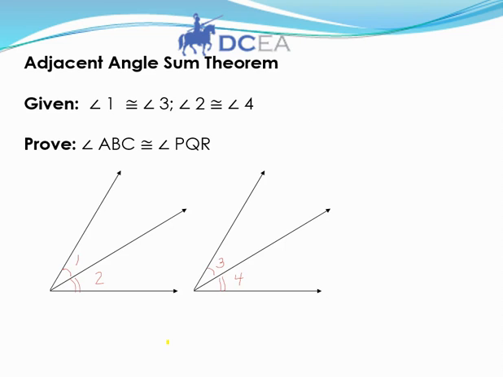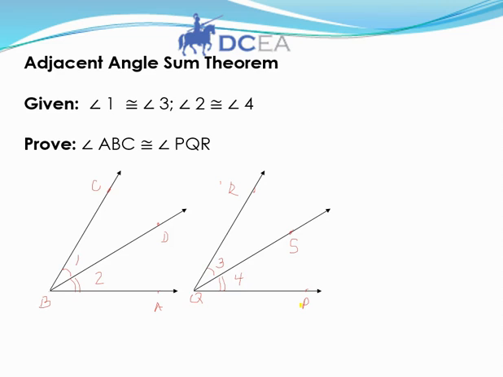Now you're given some more points and other information, so you should add that to your drawing. Point C, we have a vertex of point B, this ray is BA, and this ray is BD, and on the next angle we have this point R, the vertex of Q, and ray QP, and we also have ray QS.